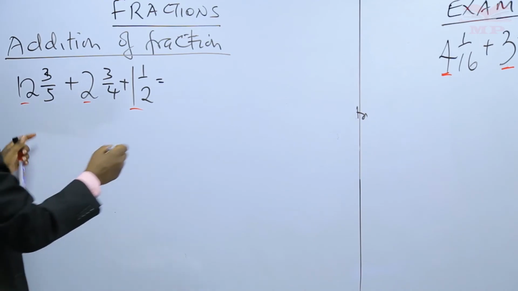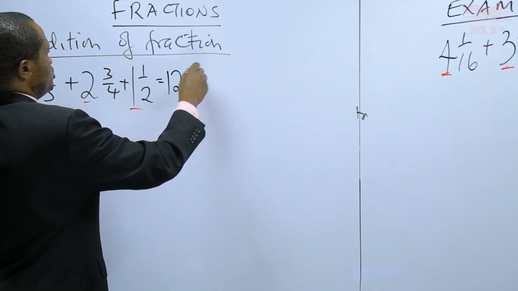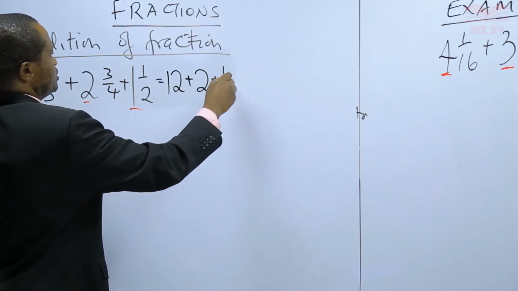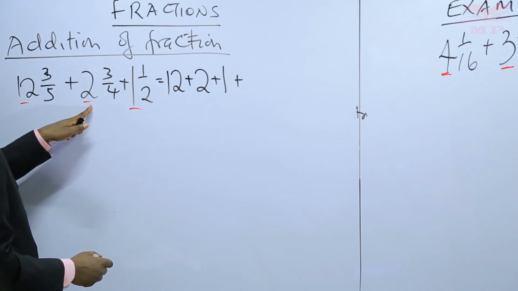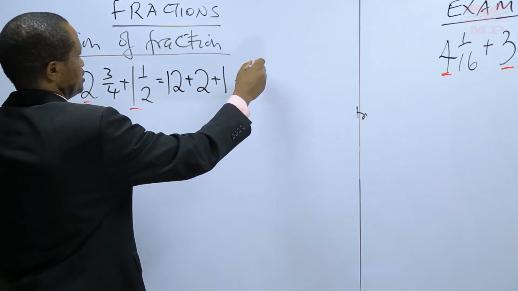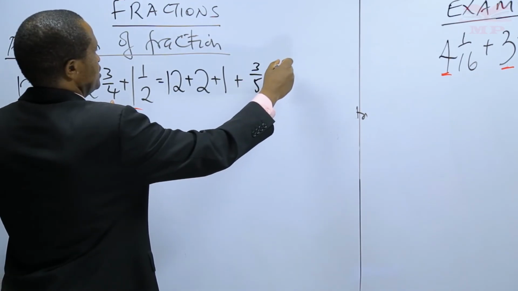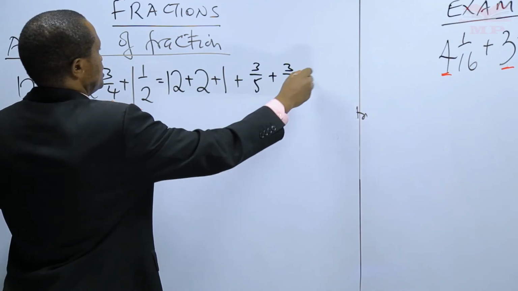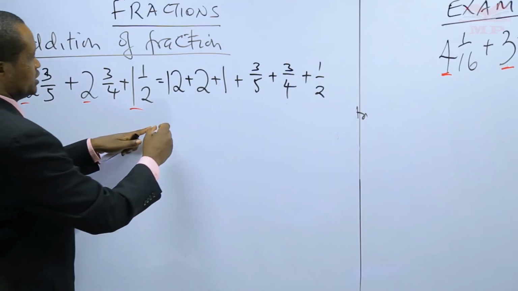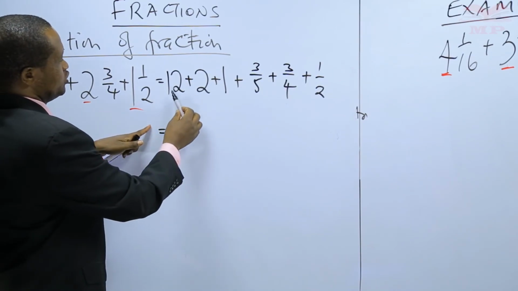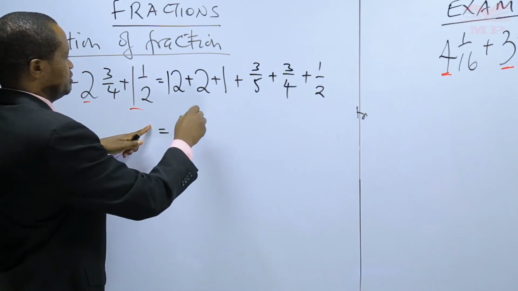So the whole numbers: 12 plus 2 is 14, plus 1 is 15.